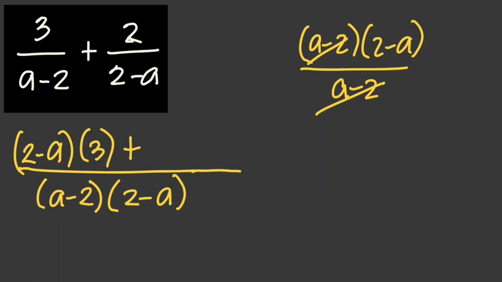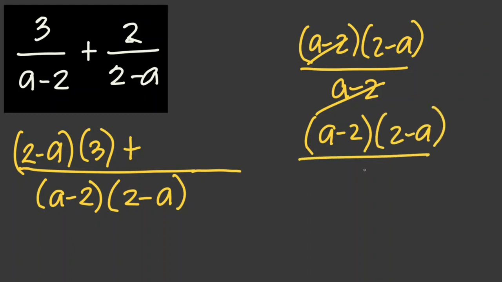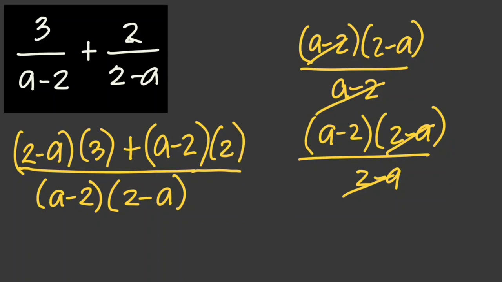Then we do the same thing with the second rational expression. That is a minus 2 times 2 minus a over 2 minus a, and 2 minus a cancels out, so we are left with a minus 2 times our numerator, which is 2. And now we can simplify the numerator.